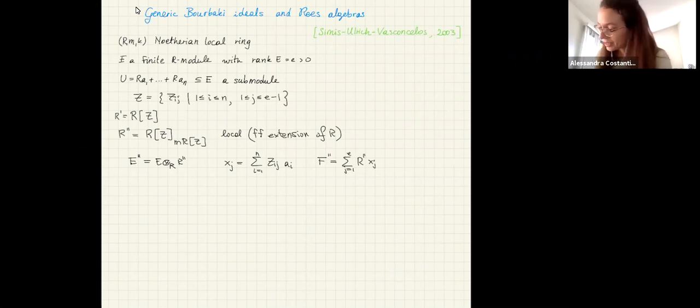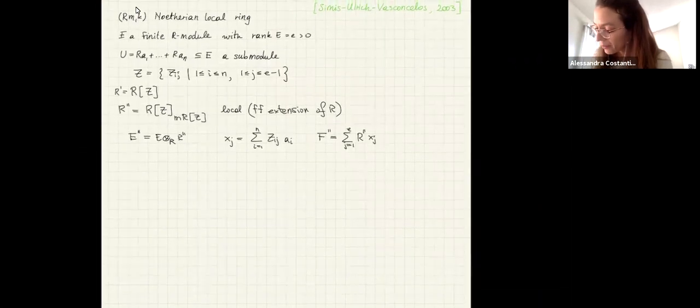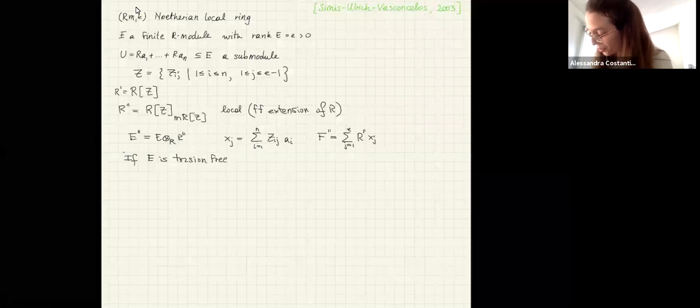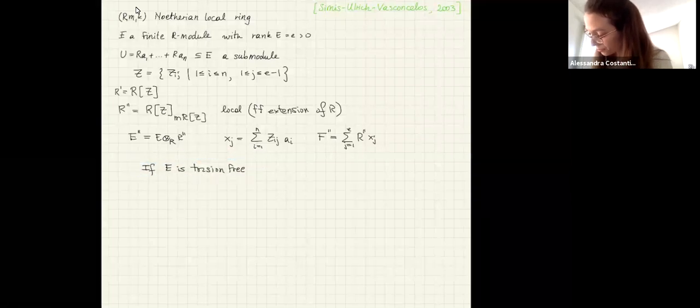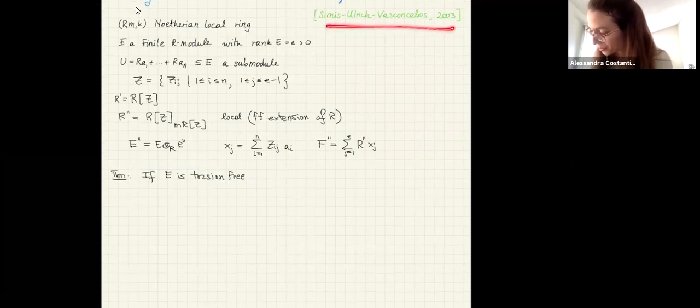Okay, now this sounds kind of complicated, but what happens is that if E is torsion free, maybe I should write this as a theorem though. And again, this is one of the main theorems of Simis, Ulrich, and Vasconcelos.